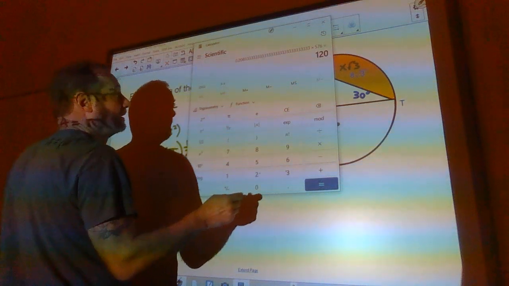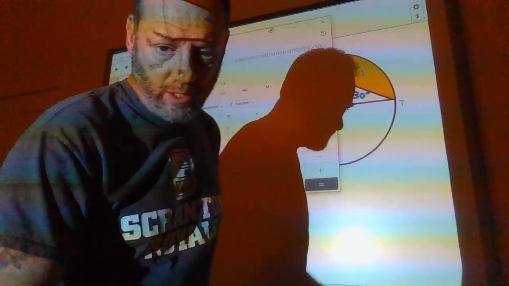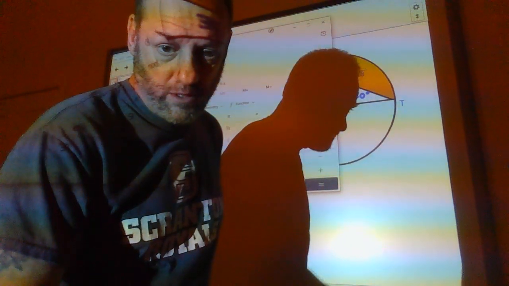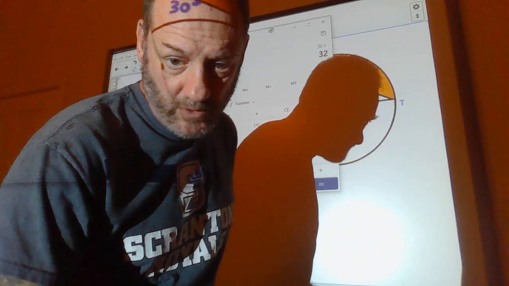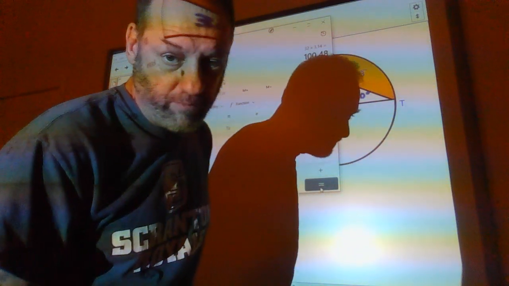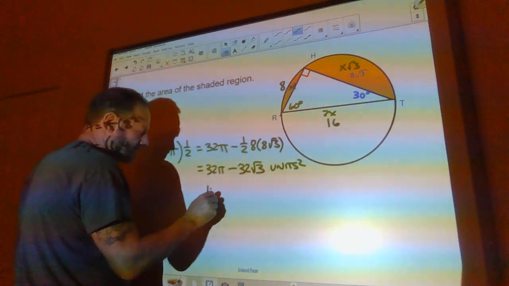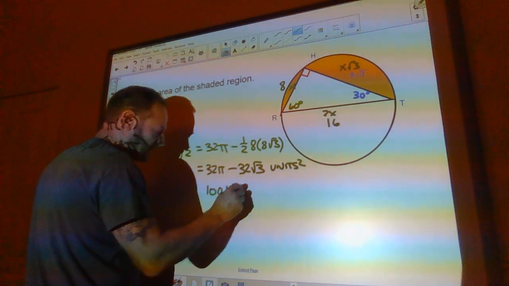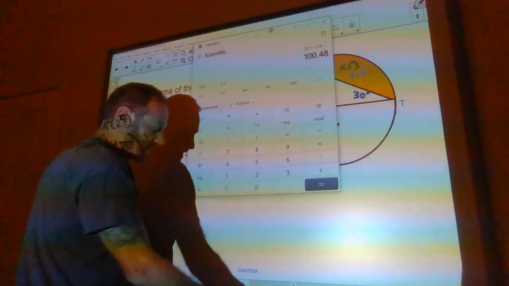32 times 3.14. That's going to be 100.48. So this is 100.48 minus, this is approximate, by the way, 32 times the square root of 3.